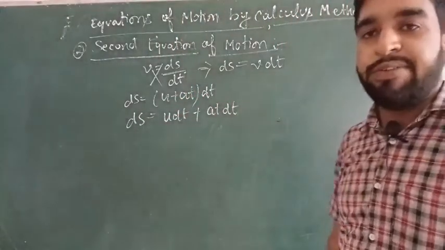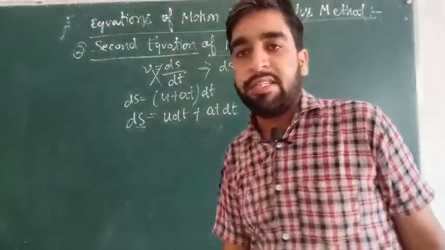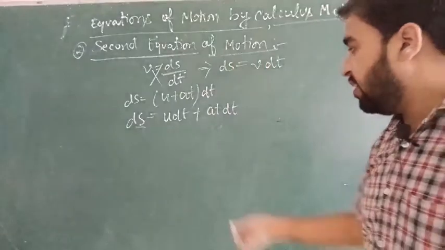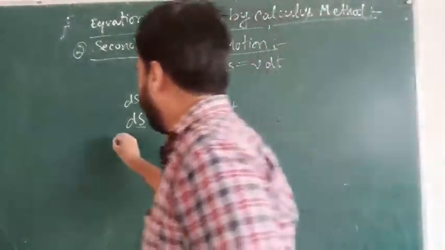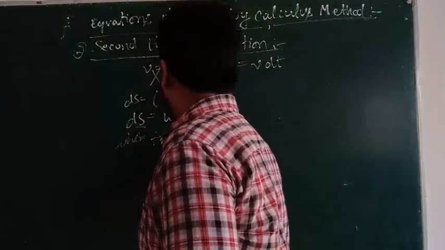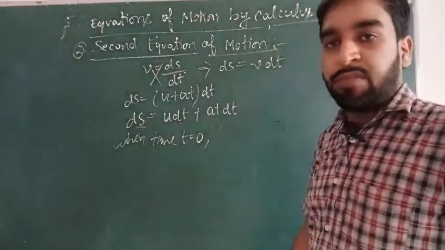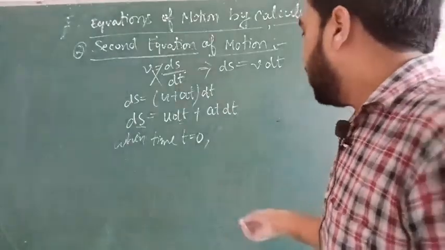Now students, we should understand that here is ds, so we are speaking about displacement. Here is dt, here is time. So we should apply the conditions. When time t is equal to 0, what will be the displacement? What will be the distance covered for t is equal to 0? Distance will also be 0.